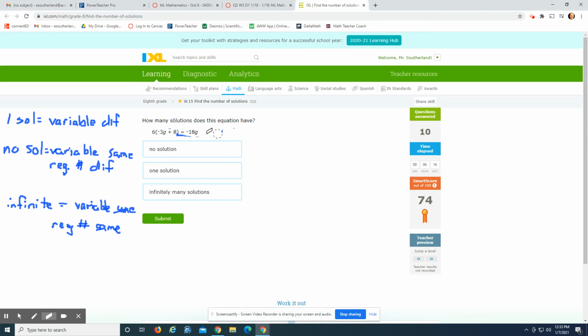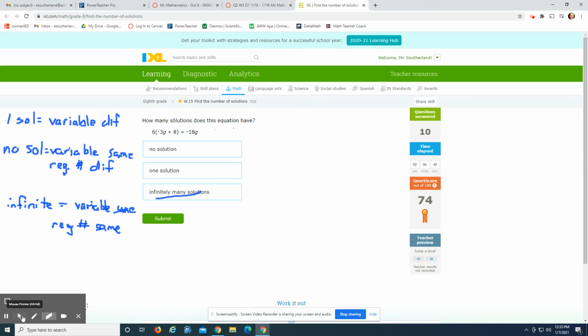You keep doing this over and over again. But here's a cool trick: I know that this is going to have a regular number, so it cannot be infinitely many solutions because there's not a regular number over here. We're going to work it out and it'll still work out the same.